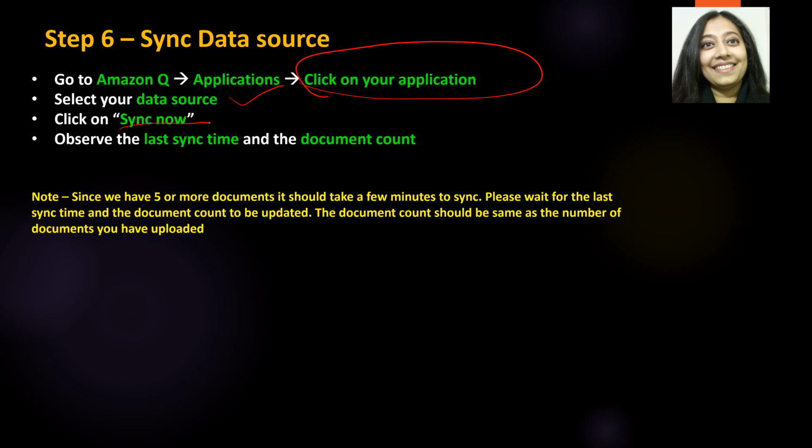So I would not recommend that you upload more than 10 documents, but at least upload sizable documents so that you can ask questions and you can see whether it's retrieving answers from multiple documents or not. And then once we click on sync now, then we will observe the last sync time and the document count.